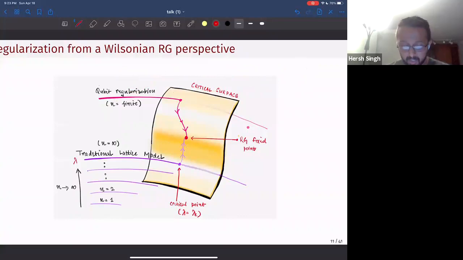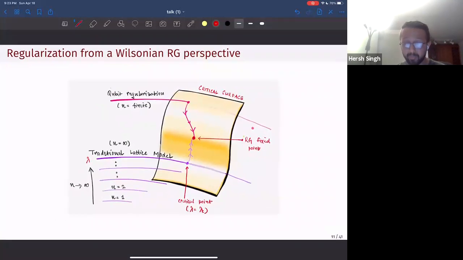So good. Just to explain this from the Wilsonian RG point of view. What's happening is, let's say this space is the infinite dimensional space of all possible lattice Hamiltonians, and this line schematically represents a one parameter family of Hamiltonians, say the traditional lattice model.